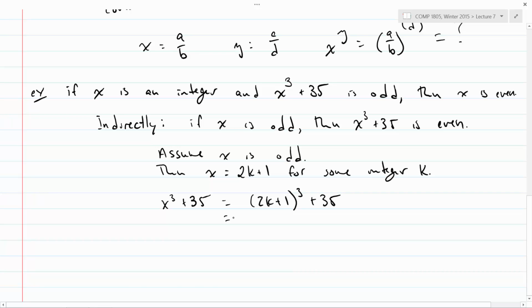Does anyone know what (2k plus 1) cubed is? So you can expand it out, and if you want to do that, that's fine. (2k plus 1) times (2k plus 1) times (2k plus 1) plus 35. So what are we going to get with the k cubed? So we have a 2k, 2k, 2k, so we're going to get an 8k cubed.